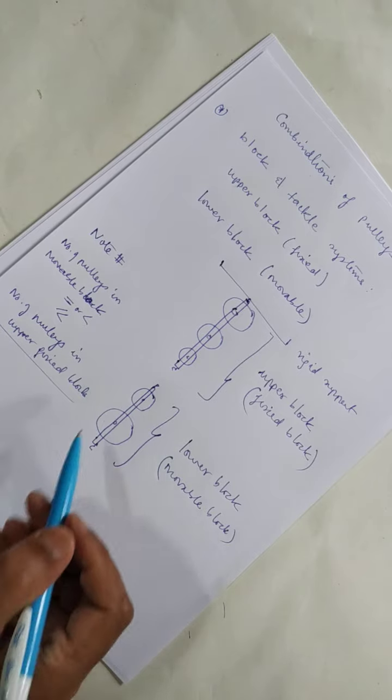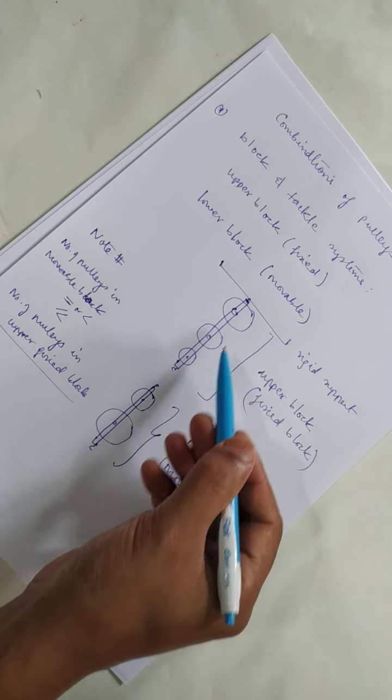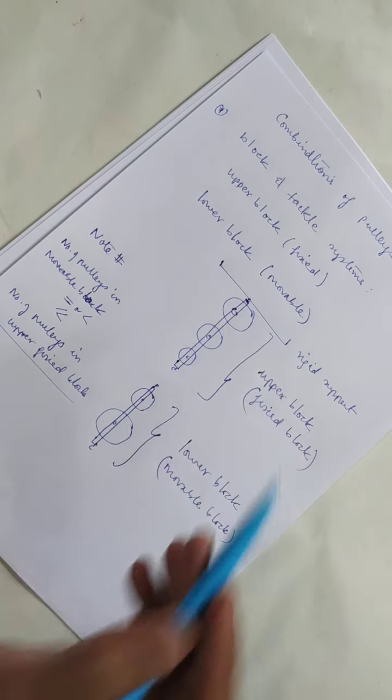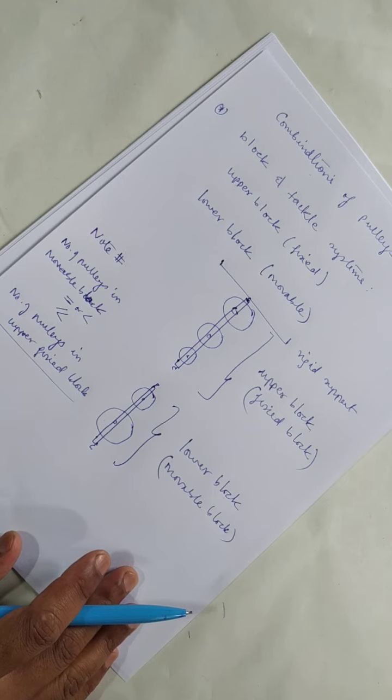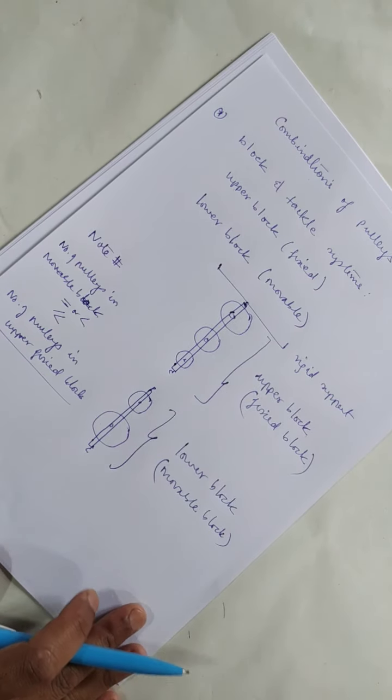So here you cannot have more pulleys in the lower block than in the upper block. So that is the main thing you have to keep in mind. Both the blocks can have equal number of pulleys, that is fine.